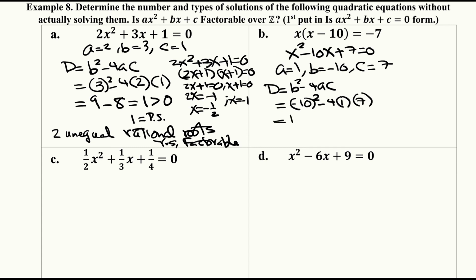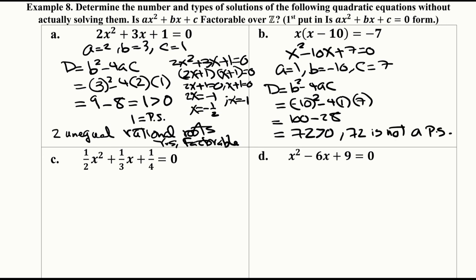So we get 100 minus 28, which is 72. And 72, of course, is greater than 0, but 72 is not a perfect square.